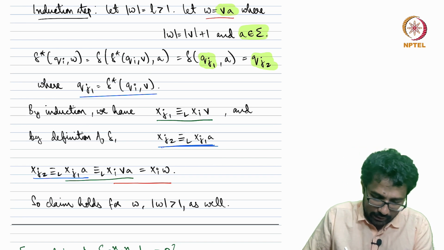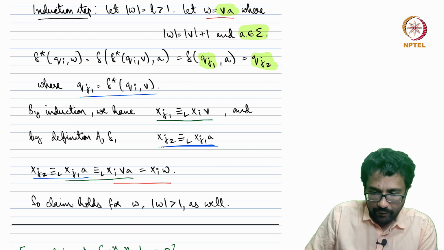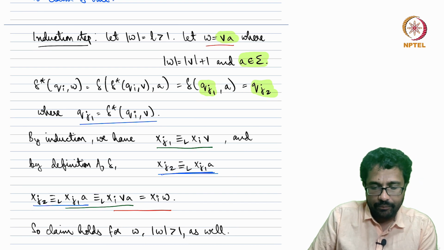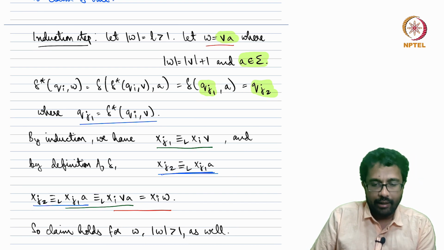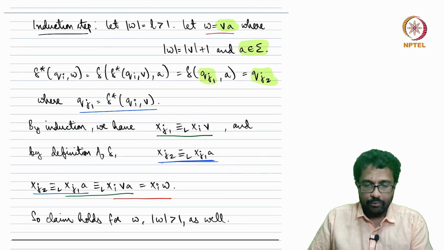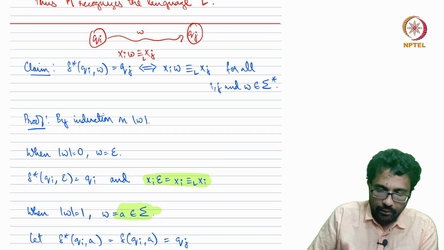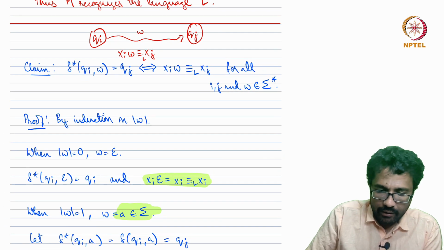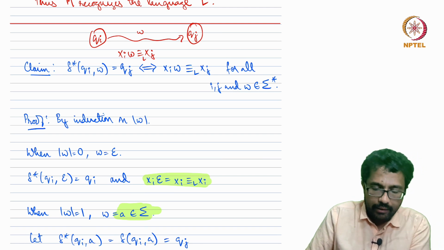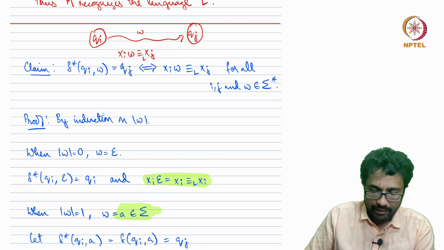So now we have shown that Xj2 is equivalent to Xi w, where Qj2 was the state reached starting at Qi upon reading the string w. Which is what we wanted to show. We wanted to show that if the DFA goes to Qj starting from Qi by reading the string w, then Xi w is equivalent to Xj.